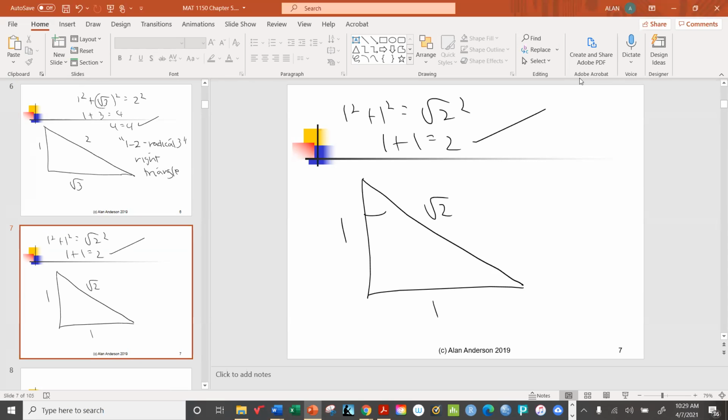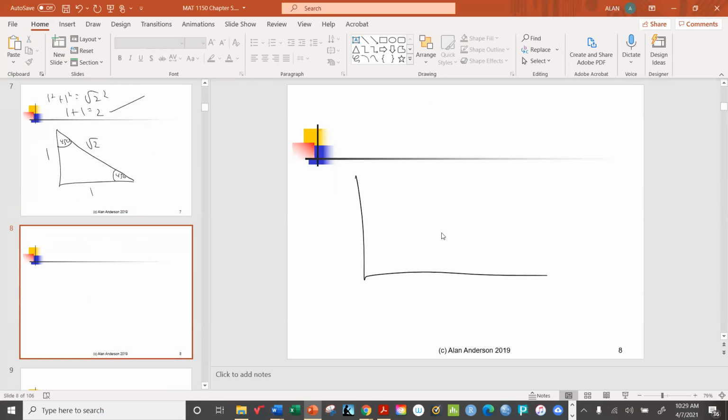This is the case when you have 45-degree angles. There's another one that I remember, a surprising one. 5.